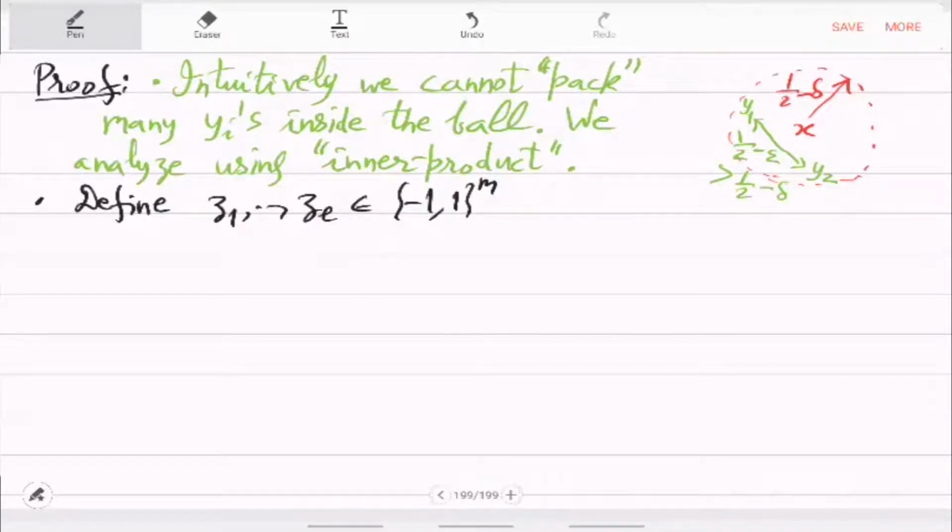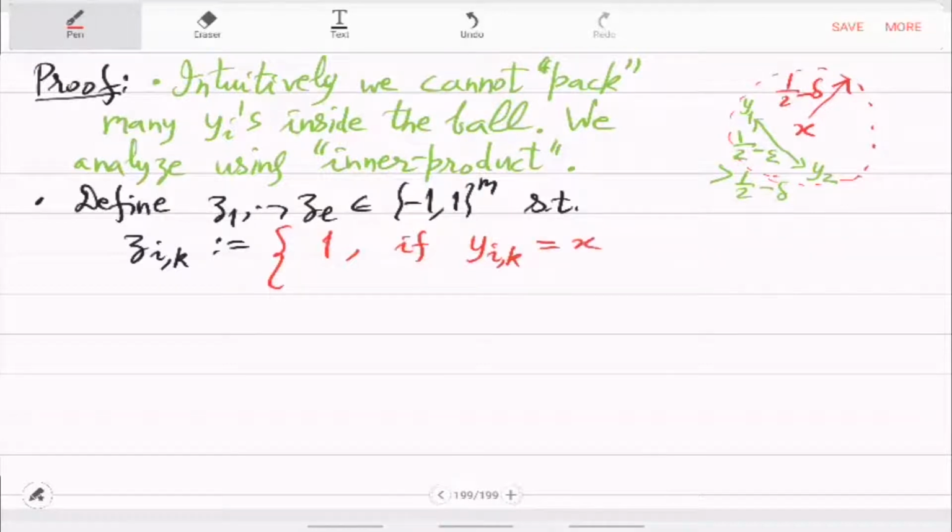Let us define the strings zi's such that, what is the kth location of zi? We will be associating zi with yi. It is one if yik is equal to xk.